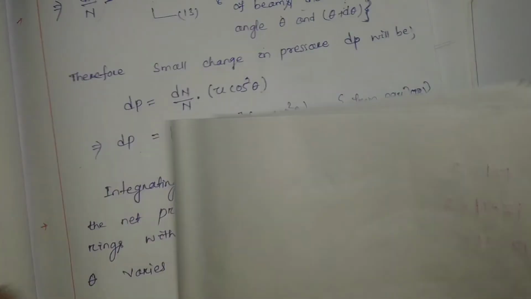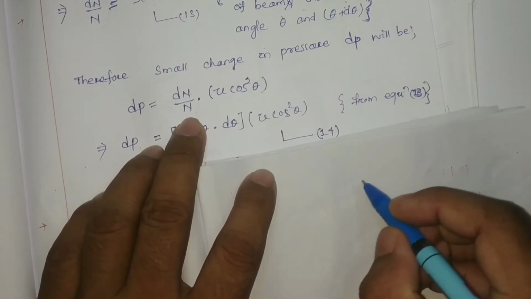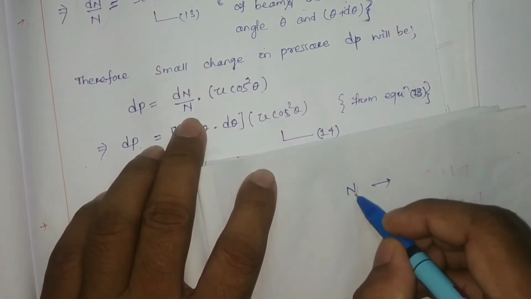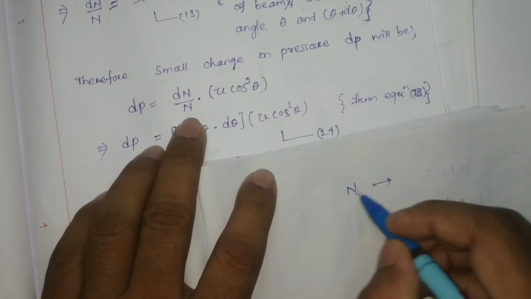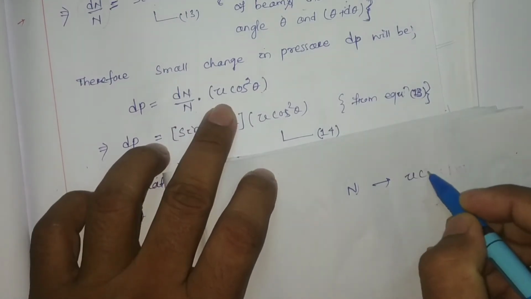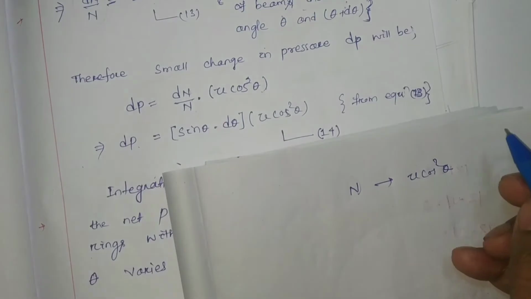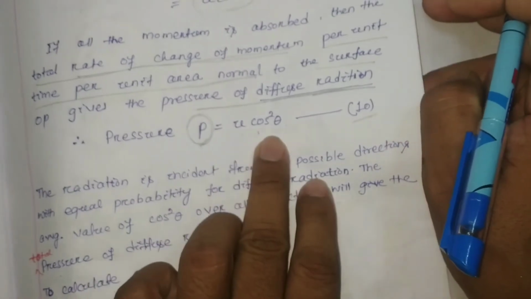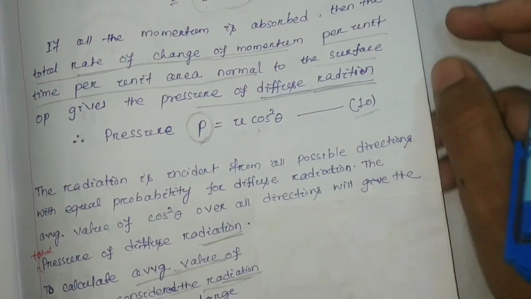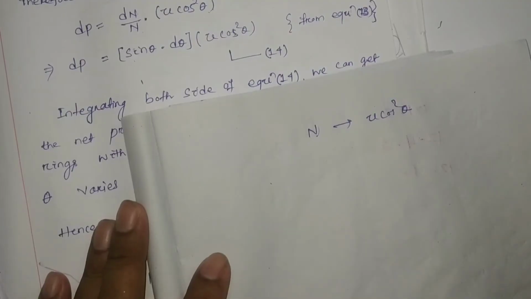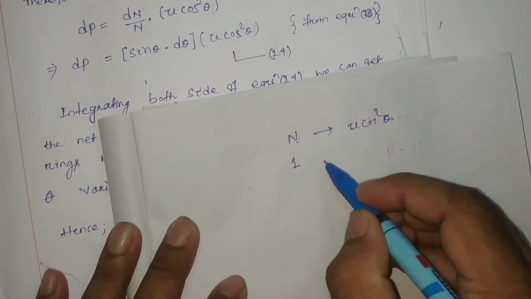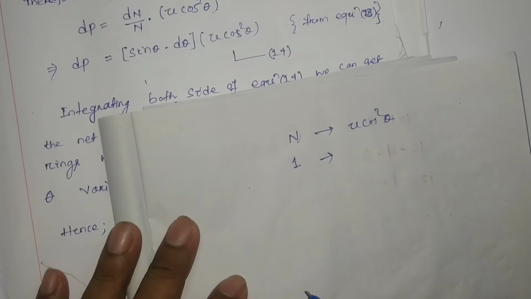Here it is simple. See, for n beams or photons, the total change in pressure is u cos square theta, whatever we already found in equation number 10. Now for one particle, what is the change of pressure?